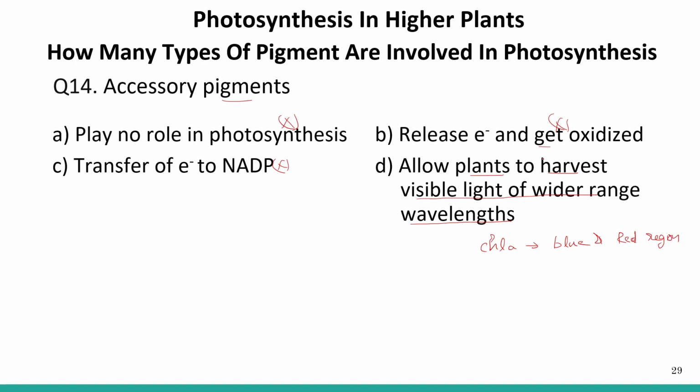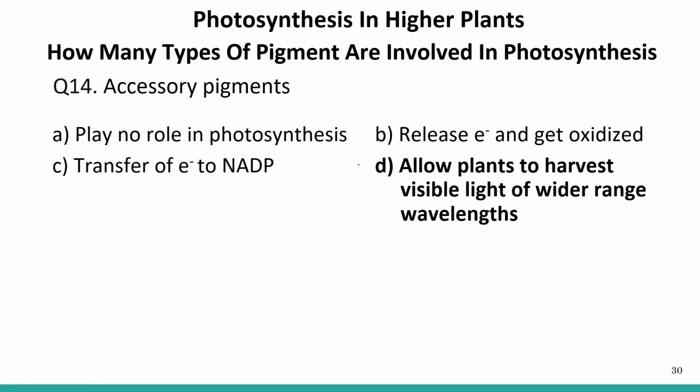But accessory pigments can absorb light in a wider range, and then pass on that energy to the chlorophyll a molecule, which is the reaction center. So the answer should be option D, allow plants to harvest visible light of wider range.